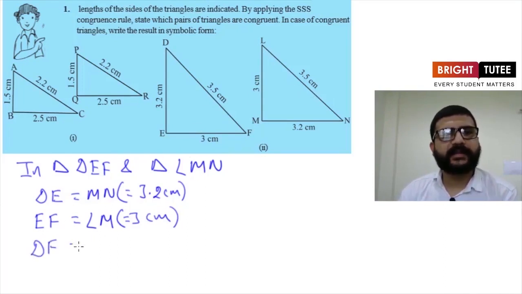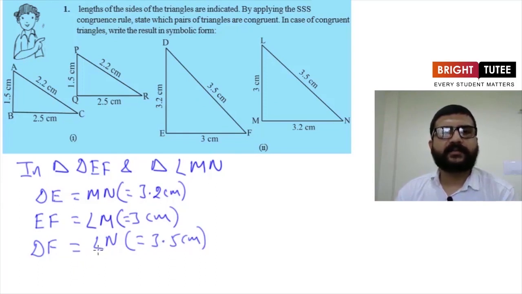So here also we are getting all three sides of triangle DEF correspondingly equal to three sides of triangle LMN. Now here the third side was DF. This DF is equal to LN and they both are equal to 3.5 centimeters.